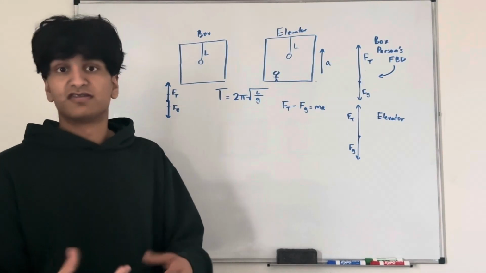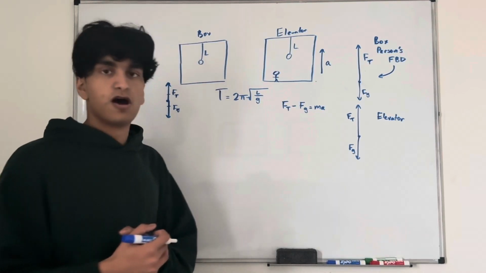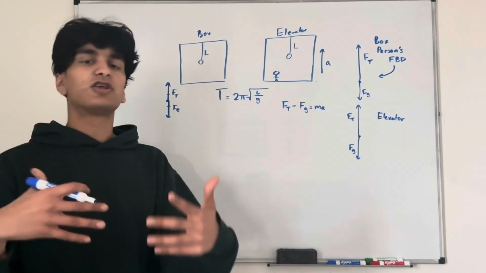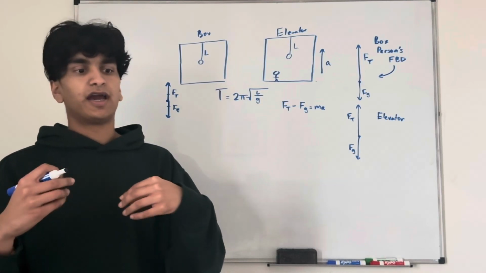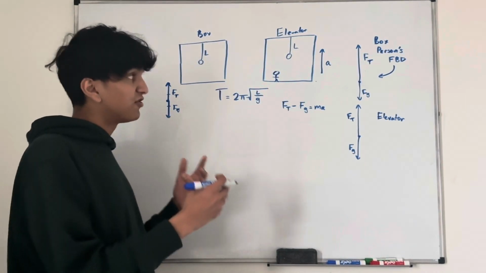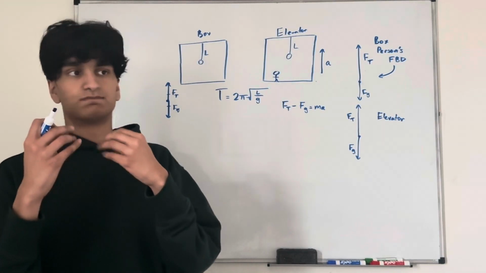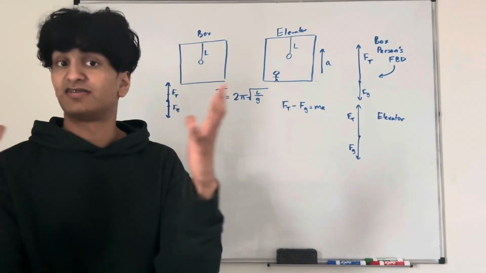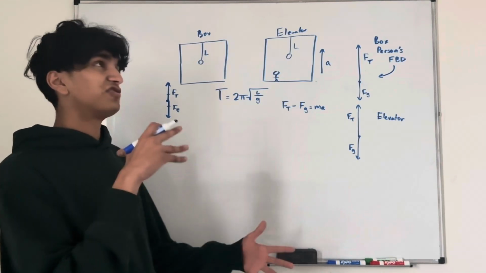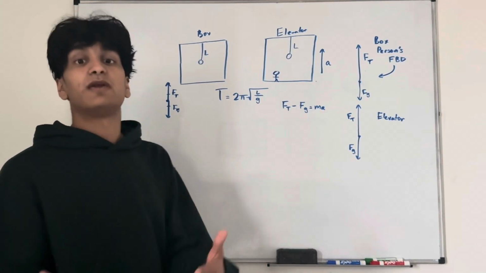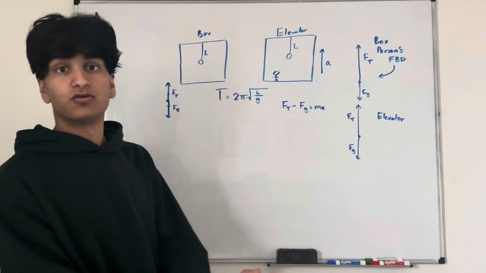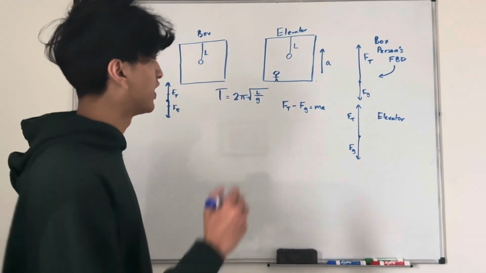The truth is, here's the thing the elevator person doesn't know. Newton's second law only holds for an inertial frame of reference. When you have a non-inertial frame of reference, when your frame of reference is accelerating, Newton's second law doesn't hold in the same way that it would for an observer in an inertial frame of reference.